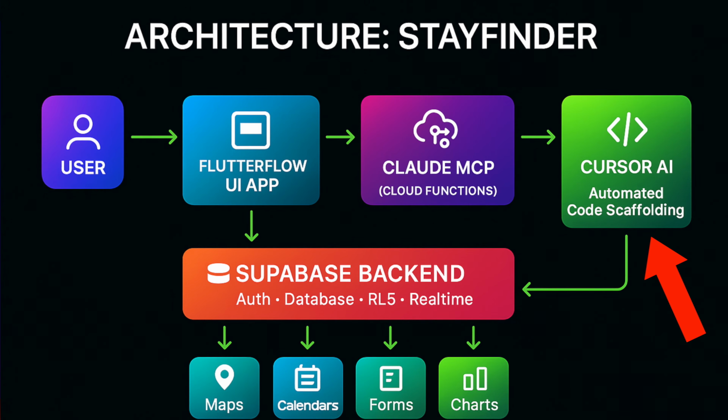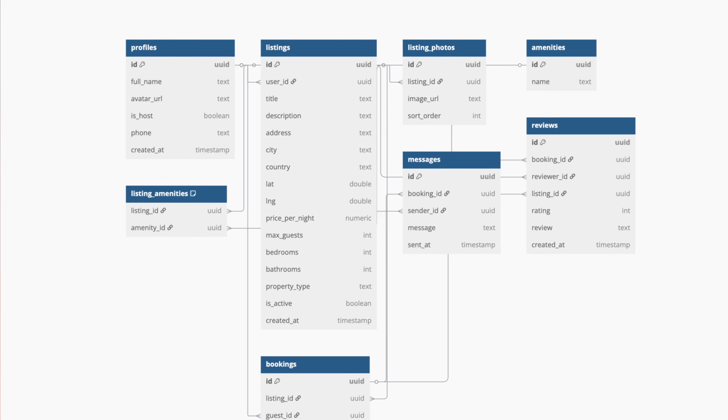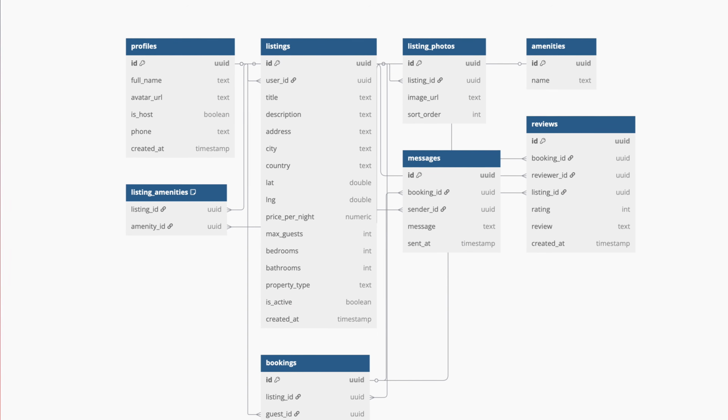Meanwhile, Cursor AI lives alongside our dev process, auto-generating and refactoring Cloud functions and custom code to keep boilerplate out of our way. Next, let's set up our Supabase backend, schema, security, and real-time in under 2 minutes.